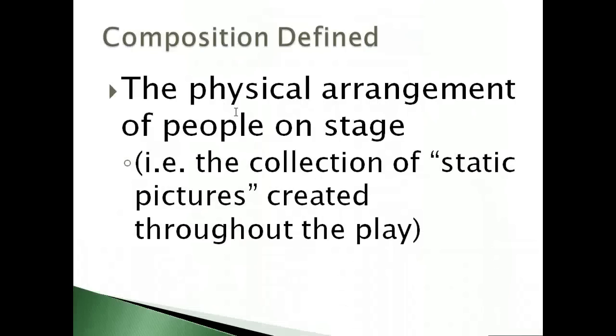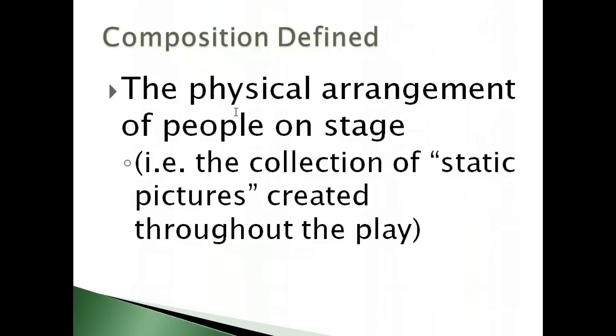Okay, when we refer to composition from a directing point of view, we're referring to the physical arrangement of people on stage, or what I call the collection of static pictures created throughout a play. If you took a series of snapshots of the stage during the course of the play, in each snapshot you would see the stage composition that exists at any particular moment.